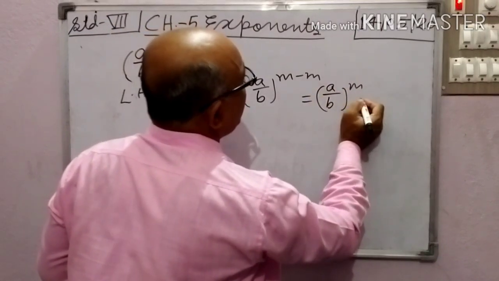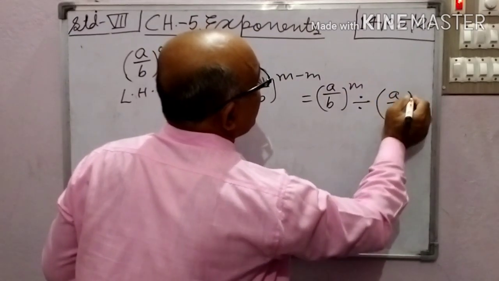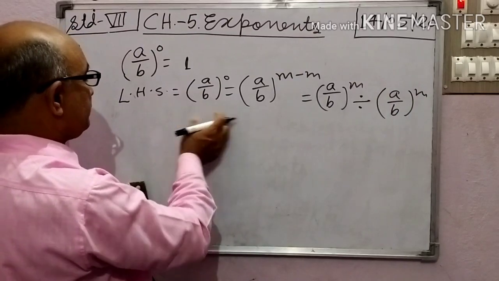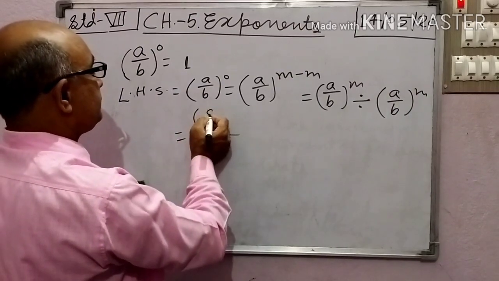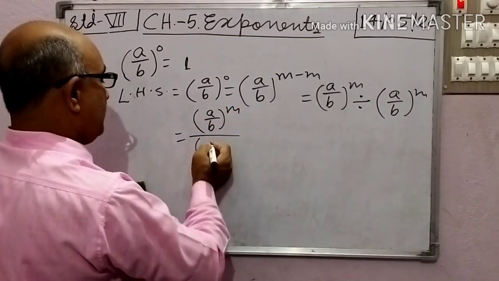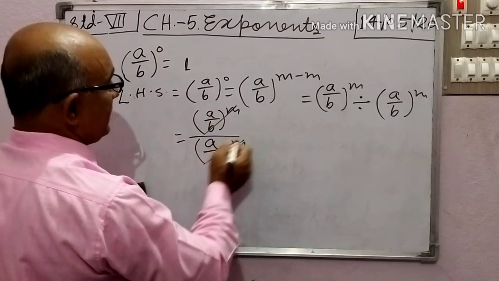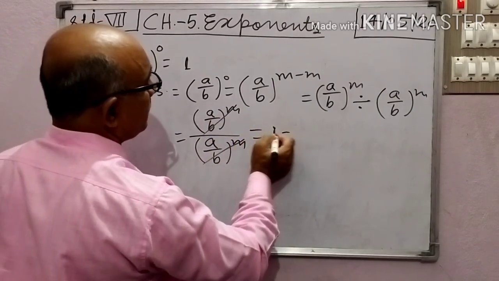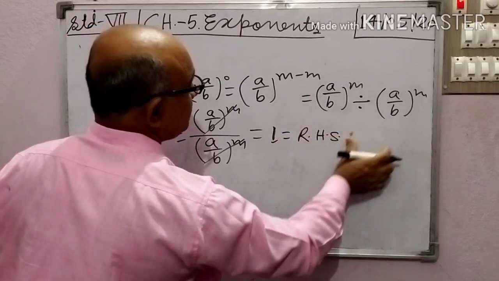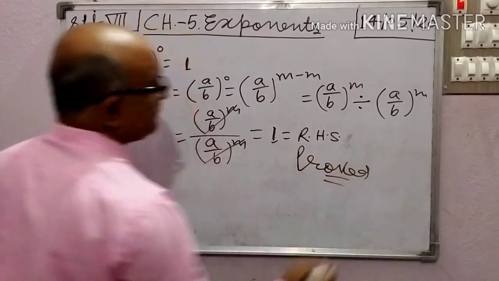So (a/b) to the power m divided by (a/b) to the power m equals (a/b) to the power m by (a/b) to the power m. Cancel it. 1 equals RHS. Good. Right?